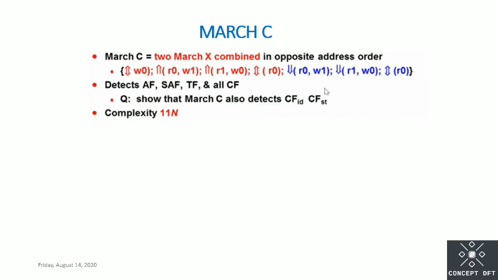After that, read 0, write 1 in descending, read 1, write 0 in descending order, and again read 0 in any direction. So in this flow, you can observe two read 0 in any direction. March C algorithm will detect address decoder fault, stuck-at fault, transition fault, and all coupling faults. And the complexity of March C is 11n.